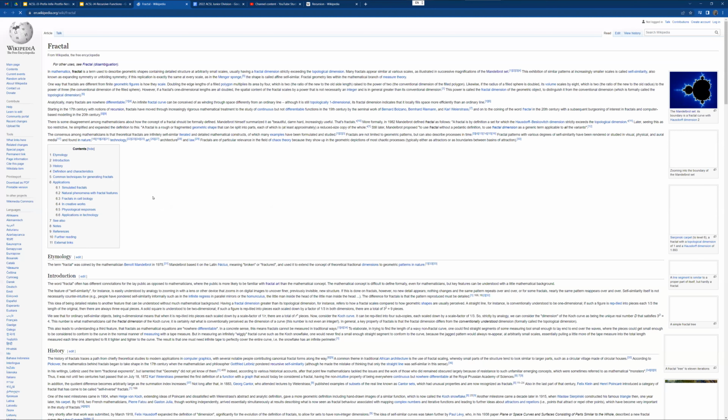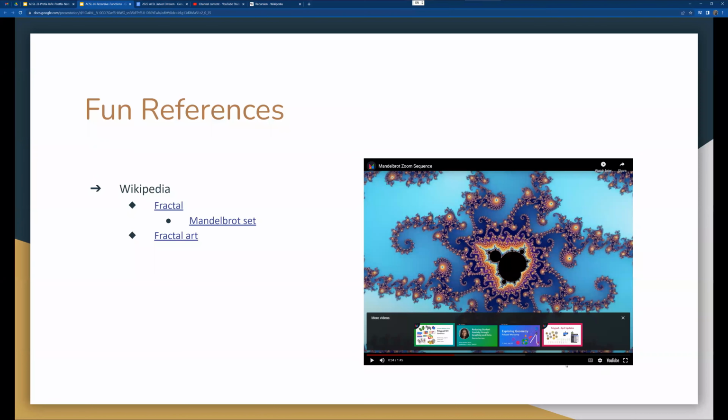Here it shows this, I guess this is the Mandelbrot set, and you can see that this is a pattern that shows up in a lot of places.